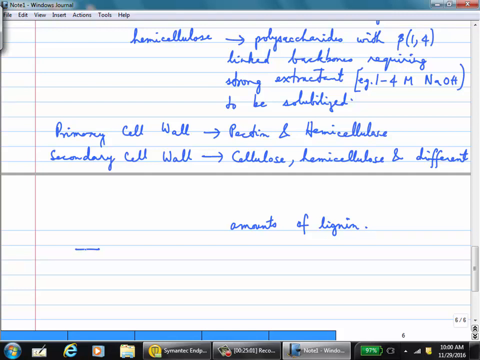Now, when the cell wants to expand, what happens? The wall has to loosen up. There are proteins called expansins that will loosen up the cell wall so that the cell can expand when needed. So expansins, these are proteins. Expansins catalyze the pH dependent extension and stress relaxation of cell walls.